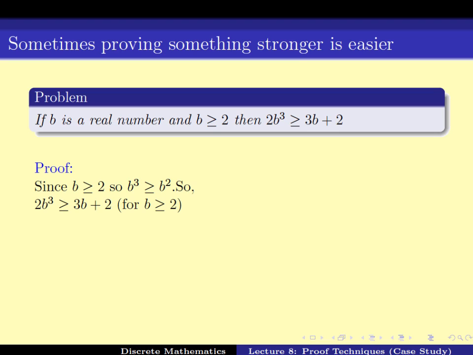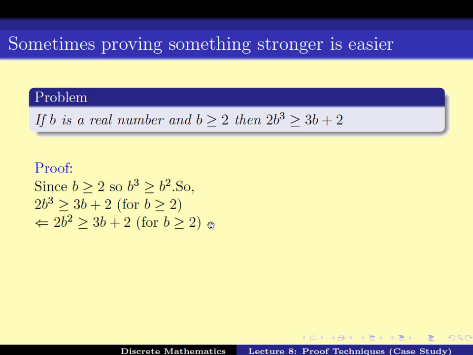And now, since this is true, to prove 2b cube is bigger than or equal to 3b plus 2, this is what we have to prove. It follows from the fact that if we can prove 2b square is greater than or equal to 3b plus 2.